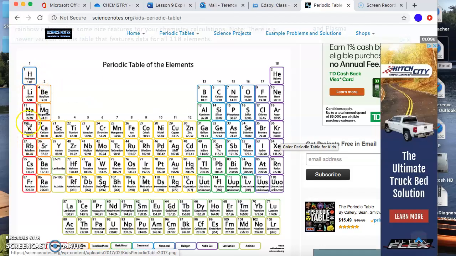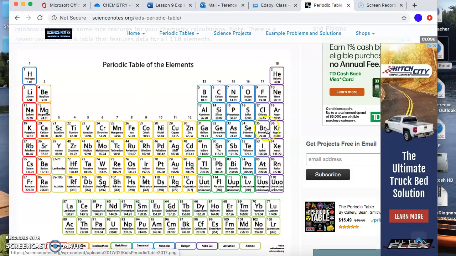The reason why our alkalis are so reactive is an outer orbit would have 8, and they only have 1 electron in their outer orbit. If they can lose that electron, get rid of it, then they would have a full outer orbit. And it's really easy to lose 1 electron. That's what makes them so reactive.